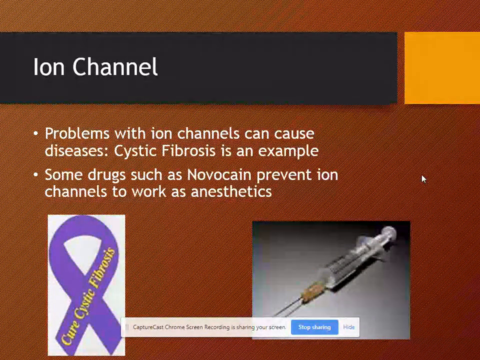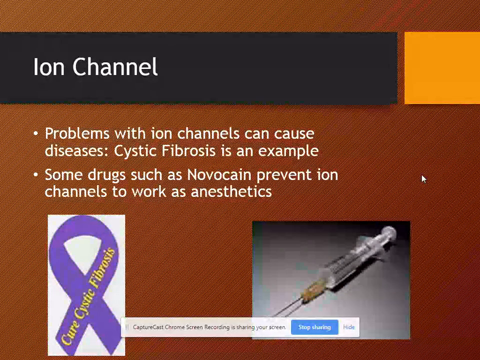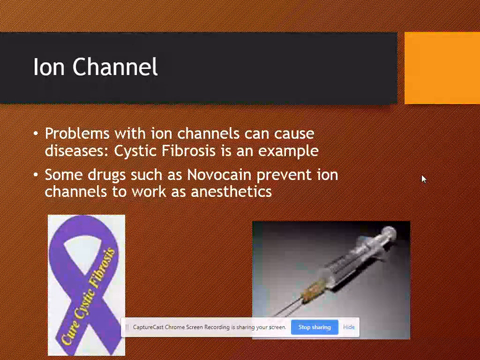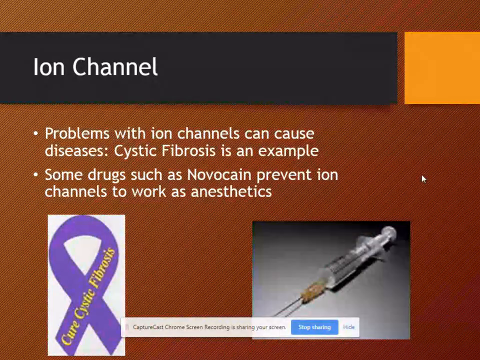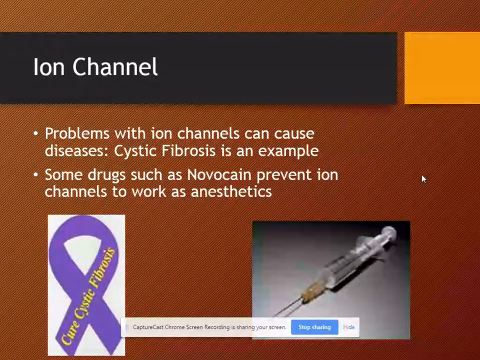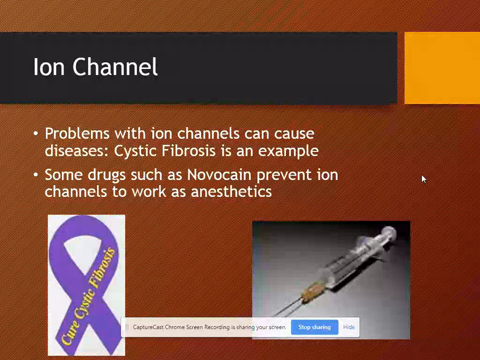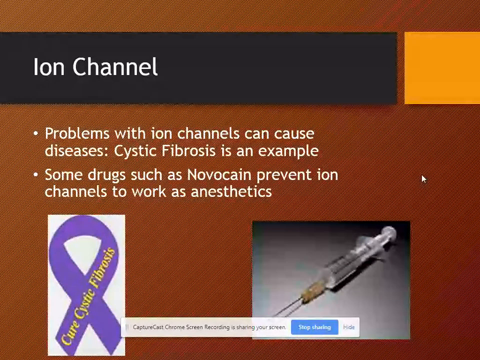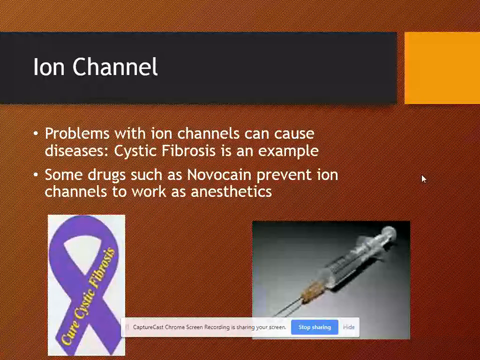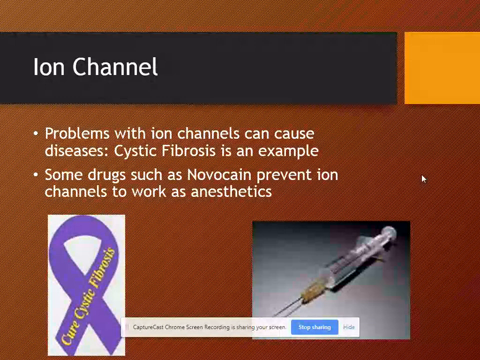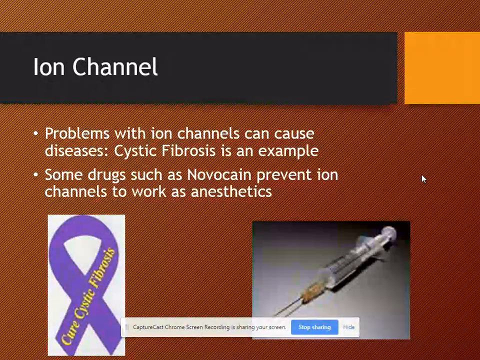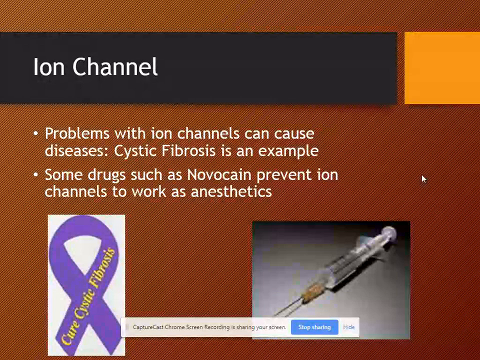Another example is my good buddy Novocaine when I have to go to the dentist and get a cavity removed. They bring out this huge needle, and I always cringe when I see it. In fact, I have a picture of the needle down below. They give it to you, and it is a little painful, and you feel a little pressure. Then all of a sudden, you don't feel anything on that side at all. You can still carry a conversation with your dentist, even though you're really numb.